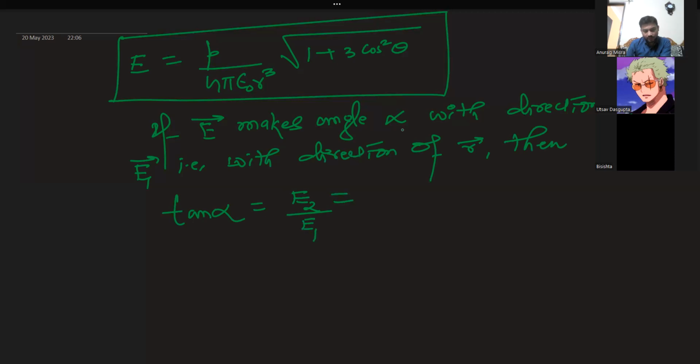So E2 कितना था? E2 was P sin theta by 4 pi epsilon naught R cube, and E1 हमारा था 2P cos theta by 4 pi epsilon naught R cube.